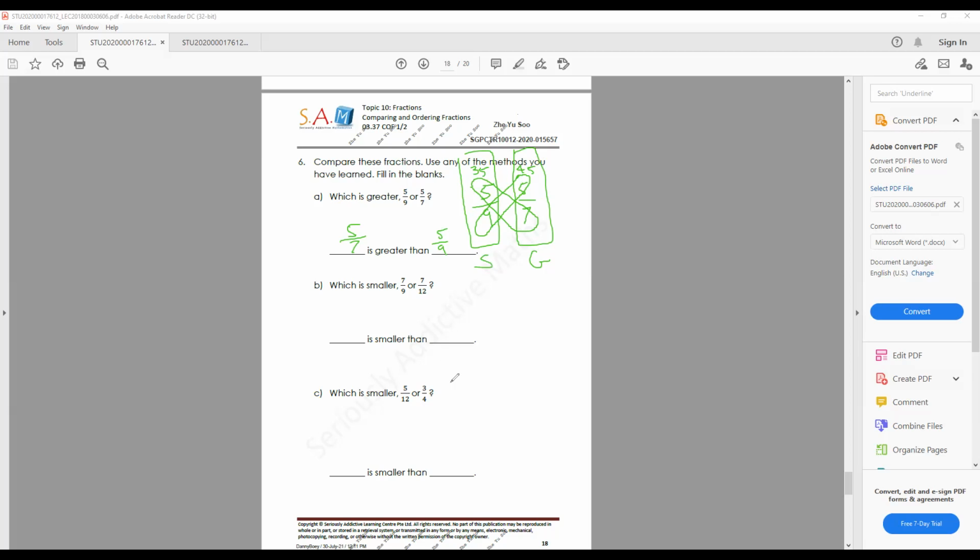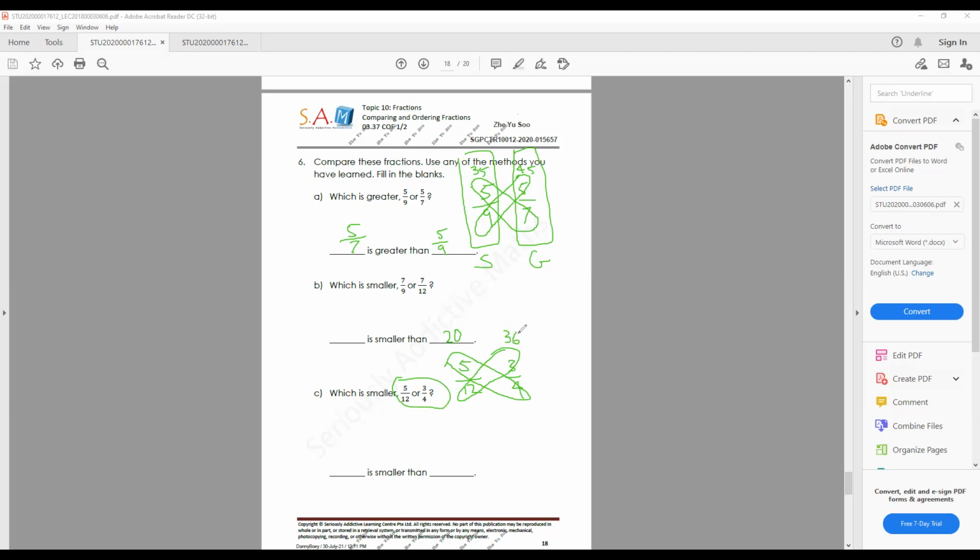Now, can we use the X-Men method for this question? 5 out of 12 and 3/4, which is greater, which is smaller? So X-Men method. Four times 5 equals 20. 3 times 12 equals 36.